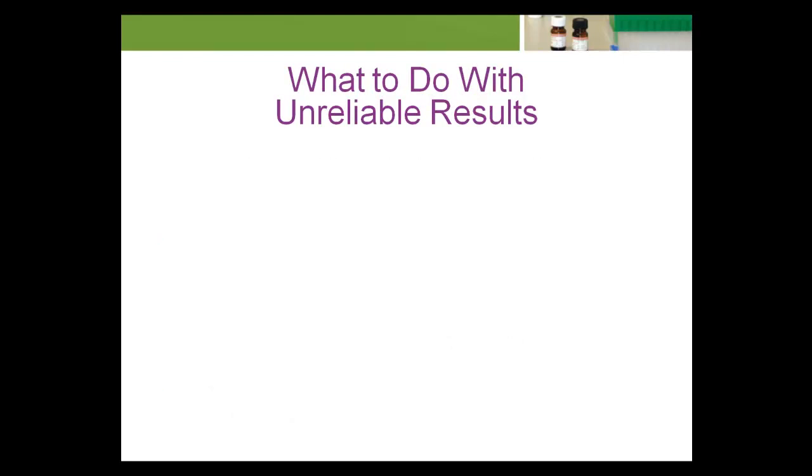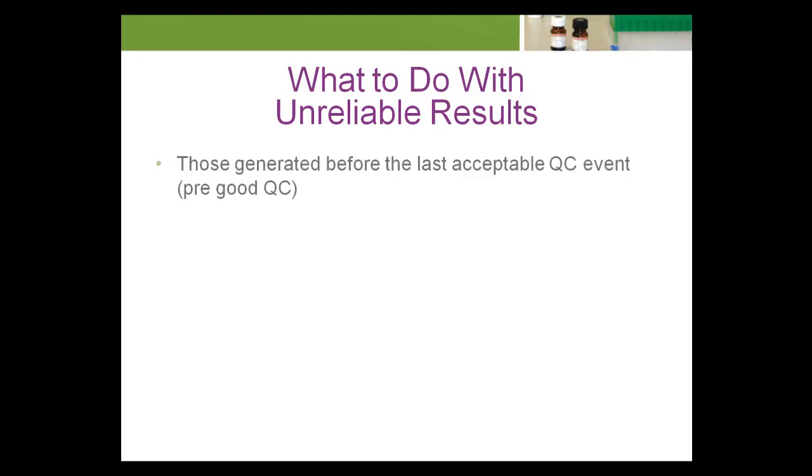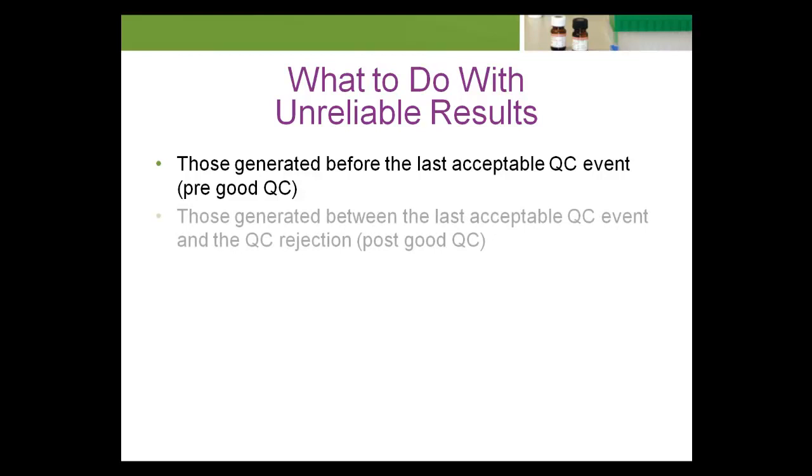Unreliable patient results produced during the existence of an out-of-control condition can be divided into two intervals: those generated before the last acceptable QC event, pre-good QC, and those generated between the last acceptable QC event and the QC rejection, post-good QC.